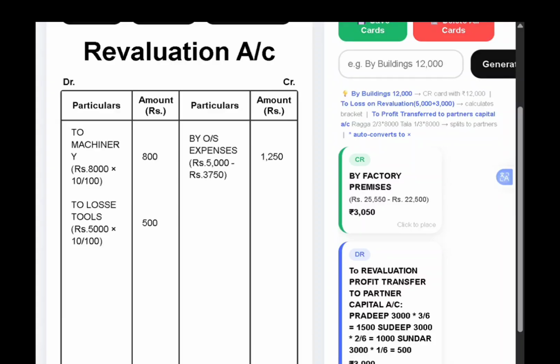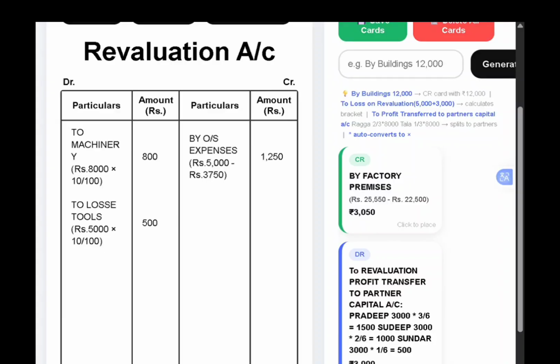And the last adjustment, that is the factory premises that are to be revalued. We compared the old value and the new value given in the adjustment, and we got an increase in the asset, that is the factory premises. This will be an increase in assets on the credit side of the revaluation account.